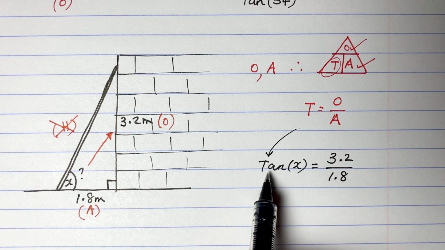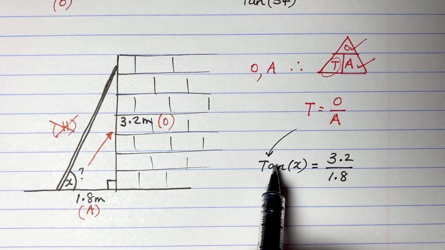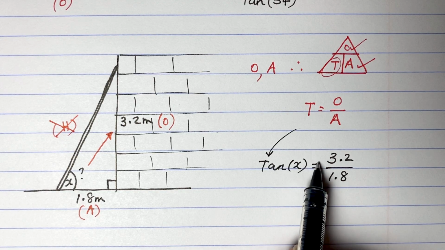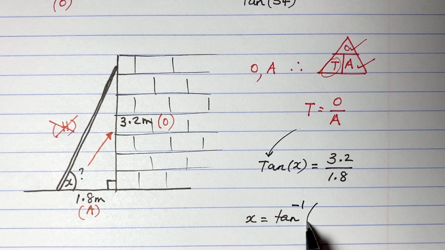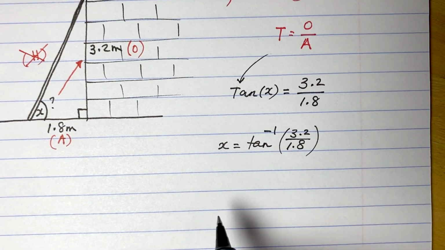As before, you want to find the angle and you want to get rid of the symbol of tan. Think of moving tan to the other side, but don't forget to put the symbol of -1 above it. And the rest, you go to the calculator.